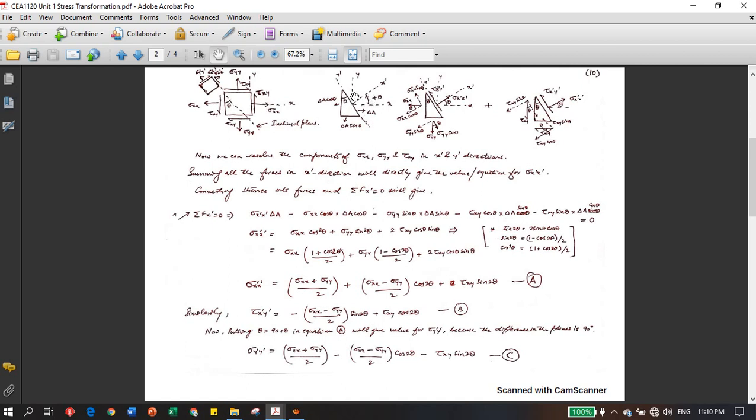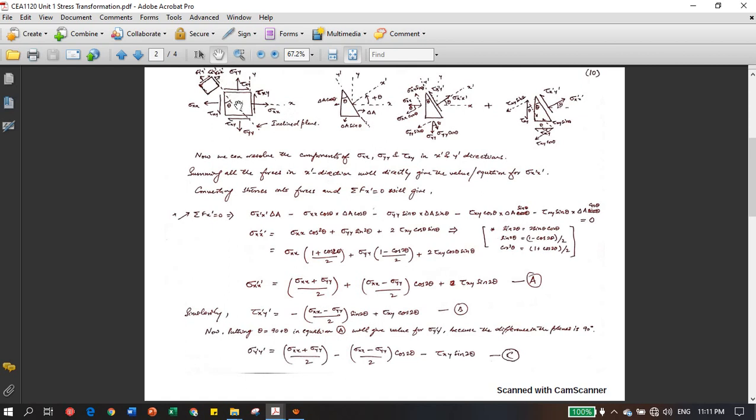See the relationship: this is 90 degree, so this theta will be equal to this theta. See this figure here. If your plane is rotating, this is basically the rotated state of stress, and this x plane is now the transformed x plane like this.